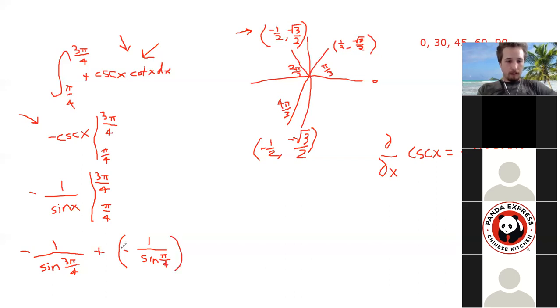So this becomes a positive here. And so we get negative square root of 2/2 plus 1 over square root of 2/2.